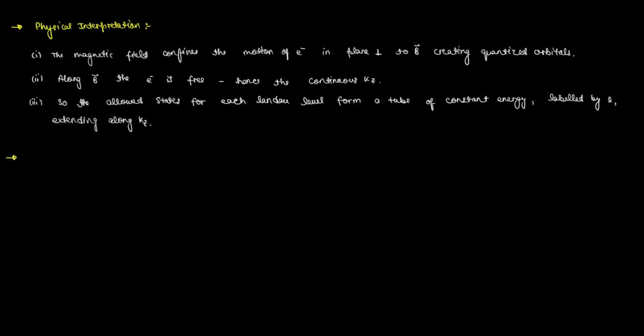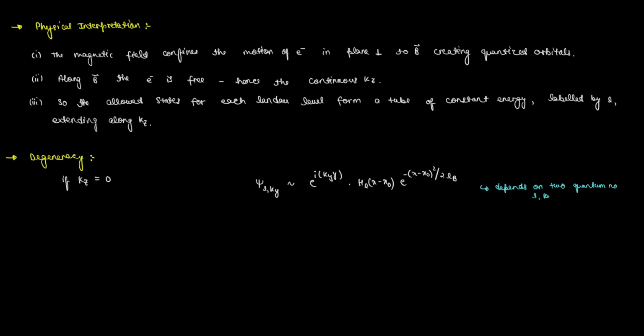Now let us try to calculate the degeneracy associated with each Landau level. Consider the situation in 2D when kz is 0 and the wave function depends on two quantum numbers L and ky, while the energy is independent of ky.